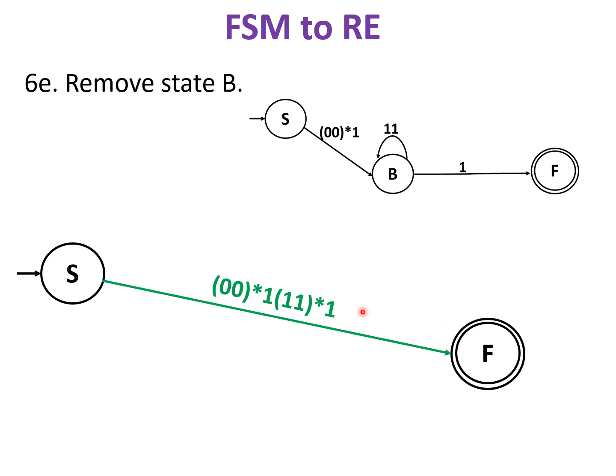So here is a stage where the finite state machine is left with only one initial state and a final state.